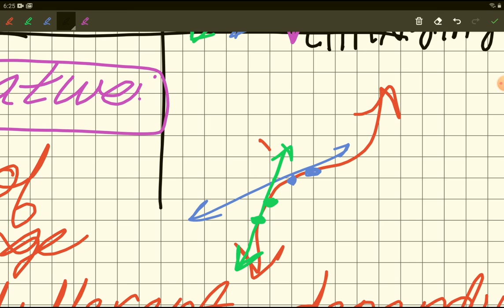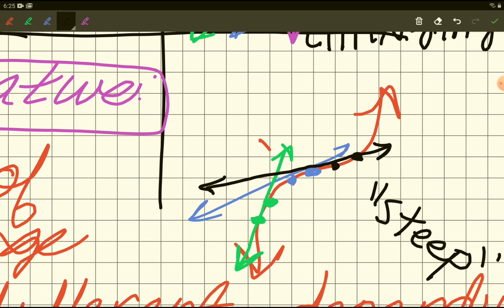Let's do black. Let's do this point and this point. Guys, so please note the different levels of how steep these lines are. They're all varied. They're all different.